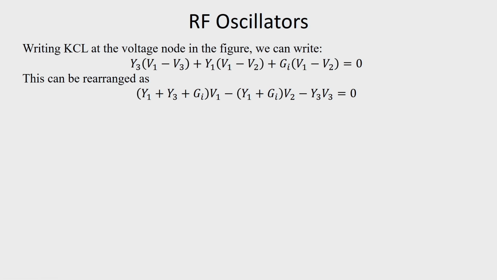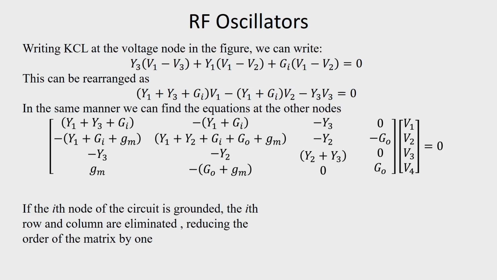So, when this analysis is carried out for all other 3 nodes, we can write the complete matrix in this form. Now, we know that if the ith node of the circuit is grounded, the ith row and column are eliminated, reducing the order of the matrix by 1.